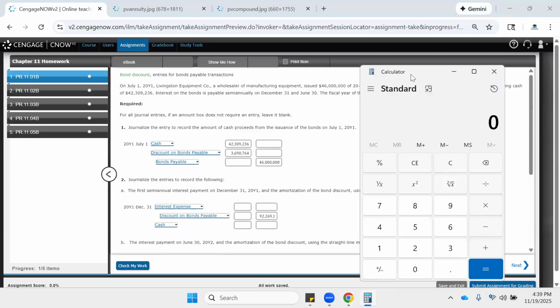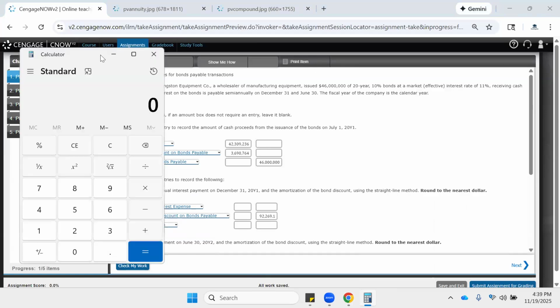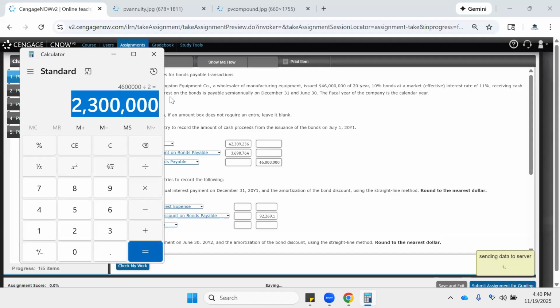for the coupon. And to figure out how much cash is going to be paid each coupon date, we need to take our $46 million face value or par value and multiply it by 10% interest rate, which is 0.10, and then divide it by 2 because it's a semi-annual payment, and we get $2,300,000 in interest.